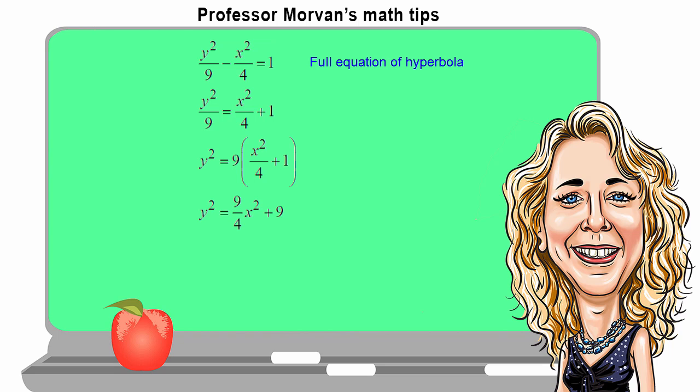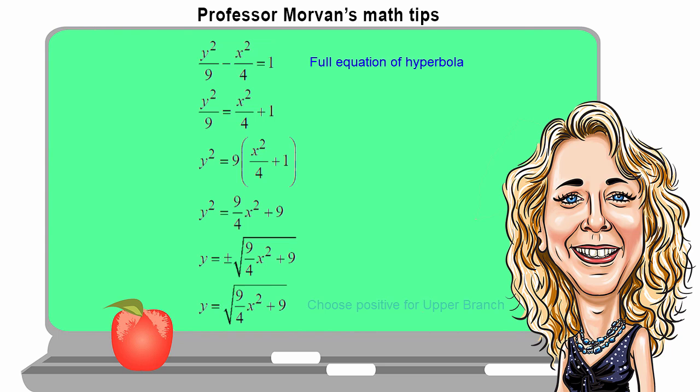So now we have y squared is equal to 9/4 x squared plus 9. Then we would apply the square roots property to get that y is equal to plus or minus the square root of 9/4 x squared plus 9.